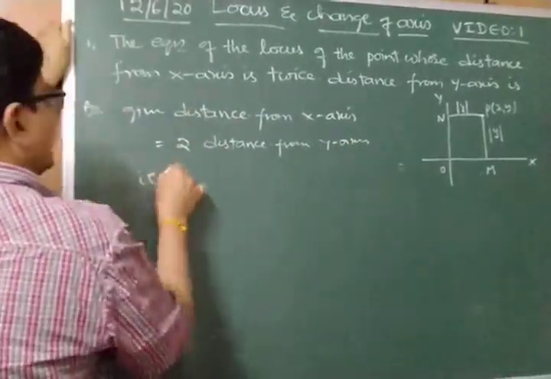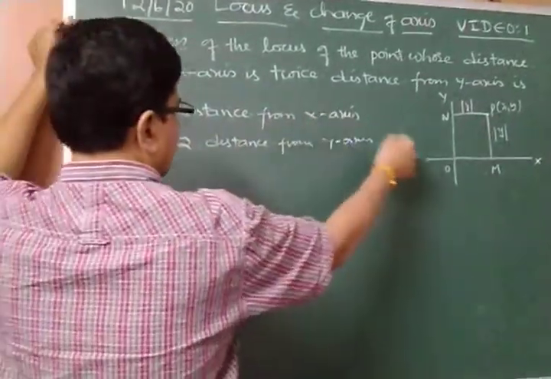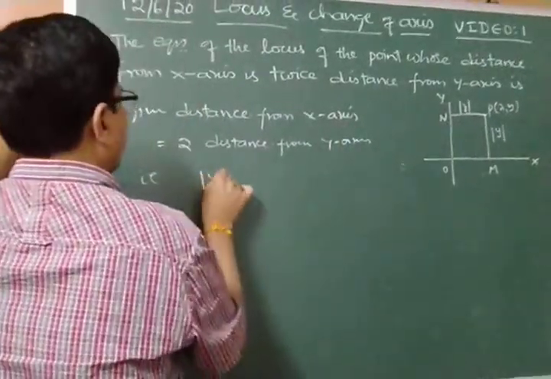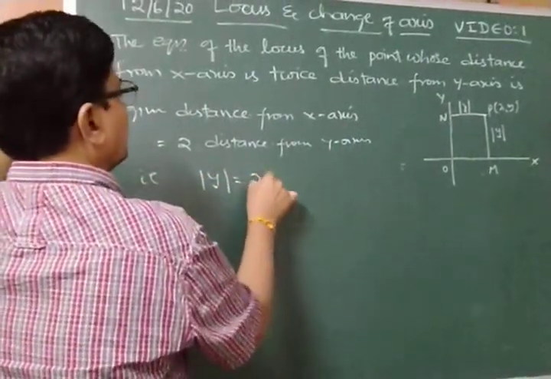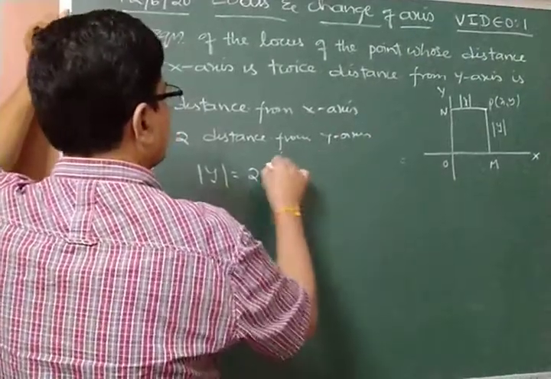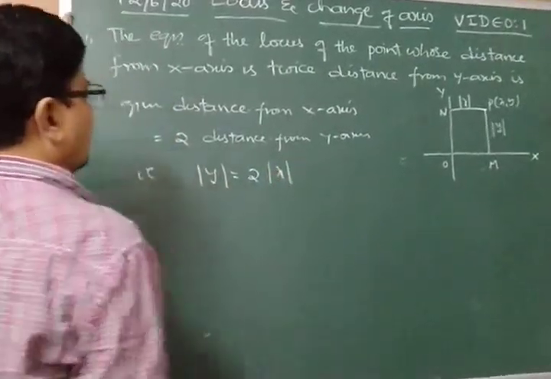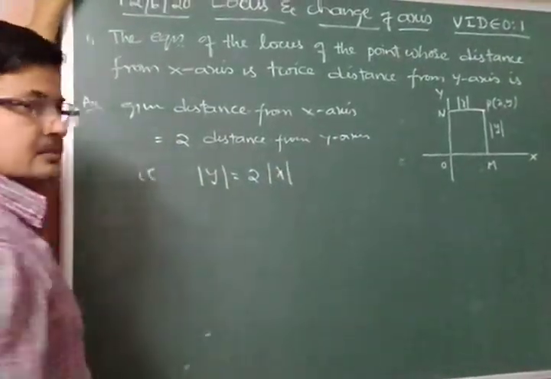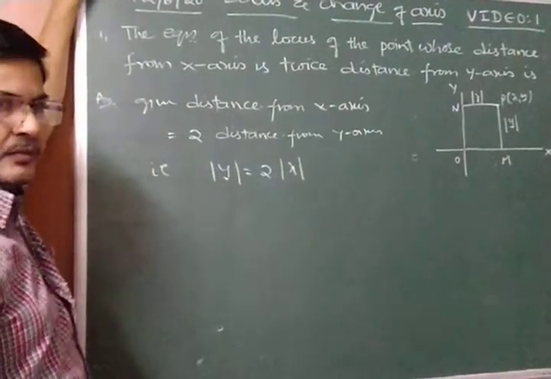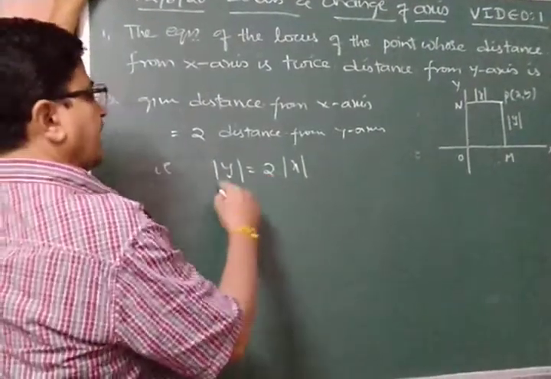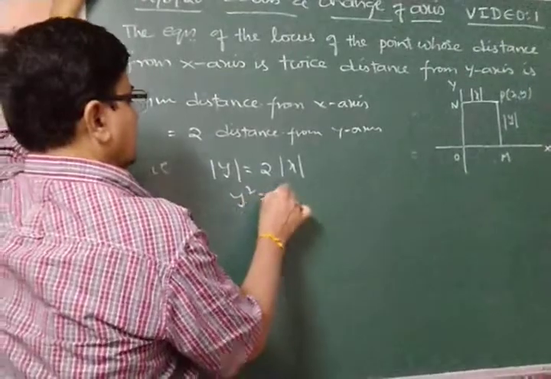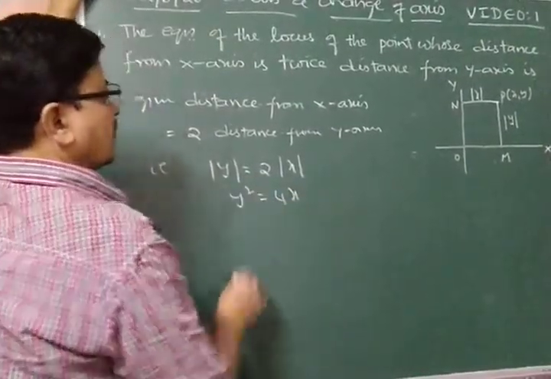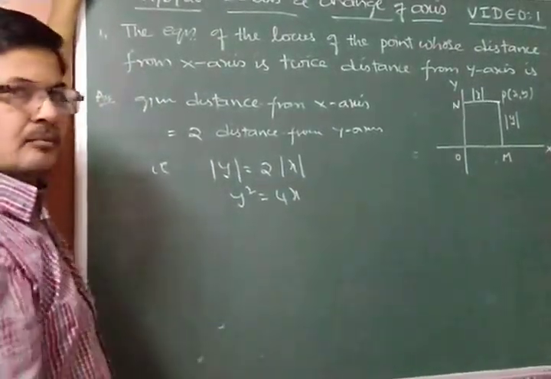That is, distance from x-axis means mod y is equal to 2 into distance from y-axis, mod x. Locus is always a second degree equation, so that's why we are applying squaring on both sides. y square is equal to 4x squared, which is the required locus of a given point.